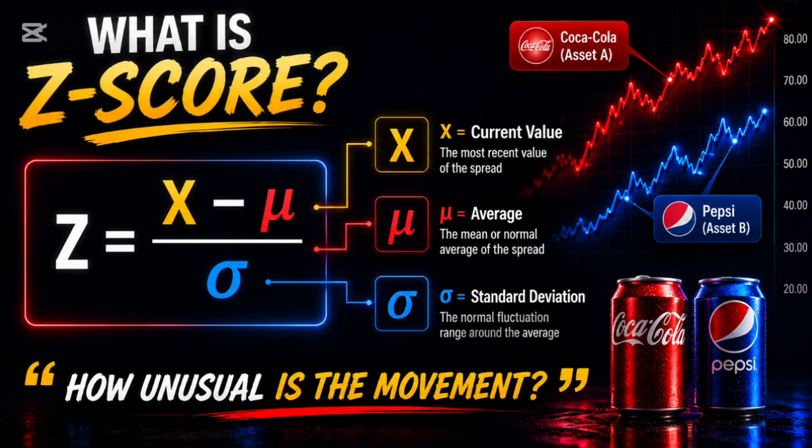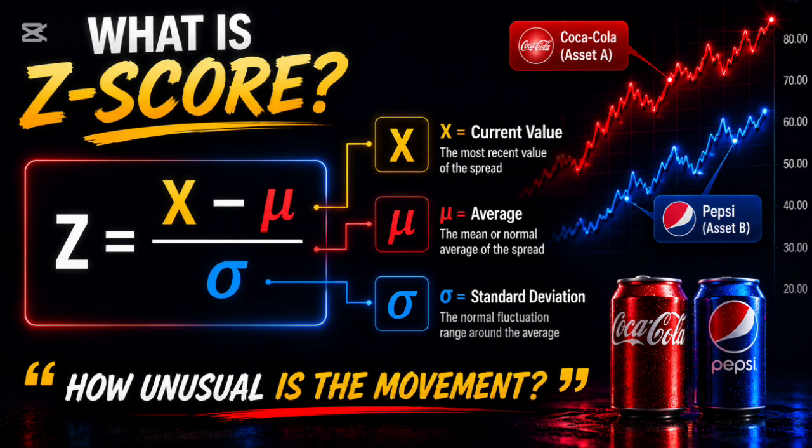It is simple. Z-score measures how far something is from its average. We have assets that move away from their average, to a point where we are expected to make a decision either to buy or sell.